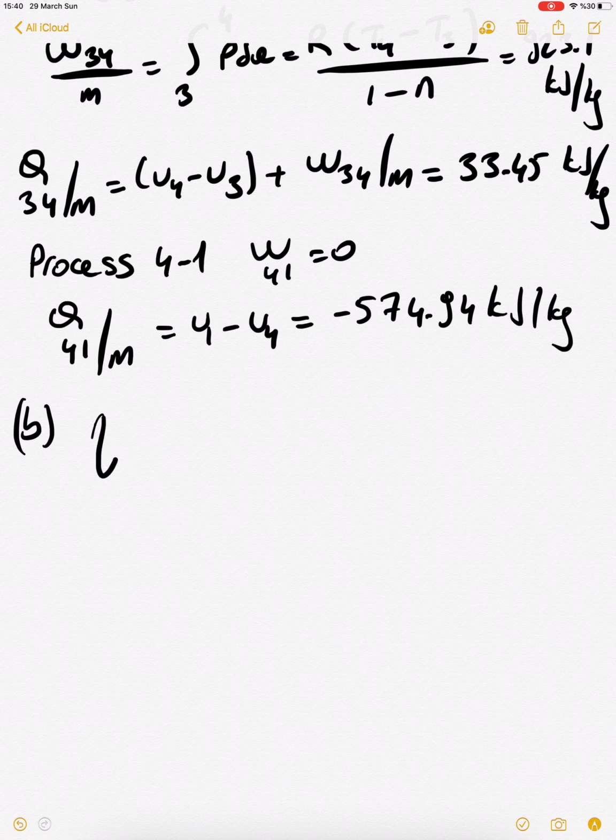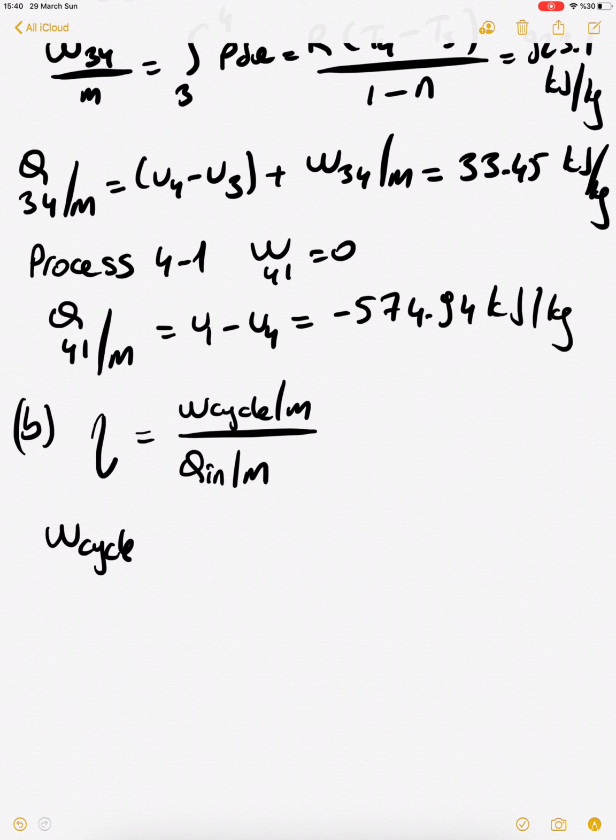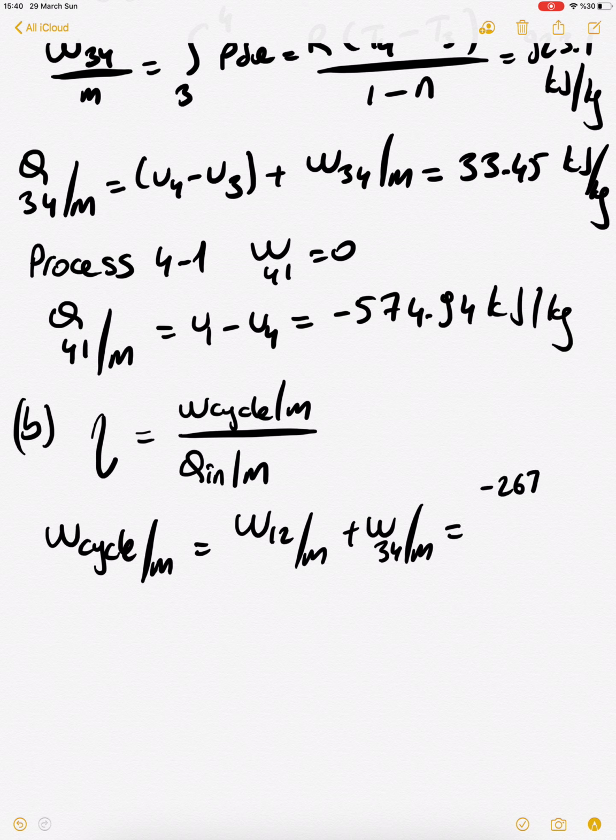Now the thermal efficiency, which is the desired output over the required input. The desired output is the net work of the cycle per unit mass, and the required input is the heat energy given to the system. We know that W cycle per unit mass is equal to W12 plus W34 per unit mass. We already calculated those, and this is minus 267.9 plus 923.1.